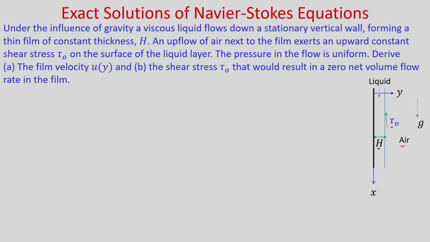So, at the interface the tau naught is acting in the upward direction and gravity obviously is acting in the positive x direction in this case. So, this is g. So, we have to find the velocity distribution inside the film as well as the shear stress tau naught that would result in a 0 net volume flow rate in the film. So, you have to find the tau naught value such that at any location in the liquid the net volume flow rate will be 0.